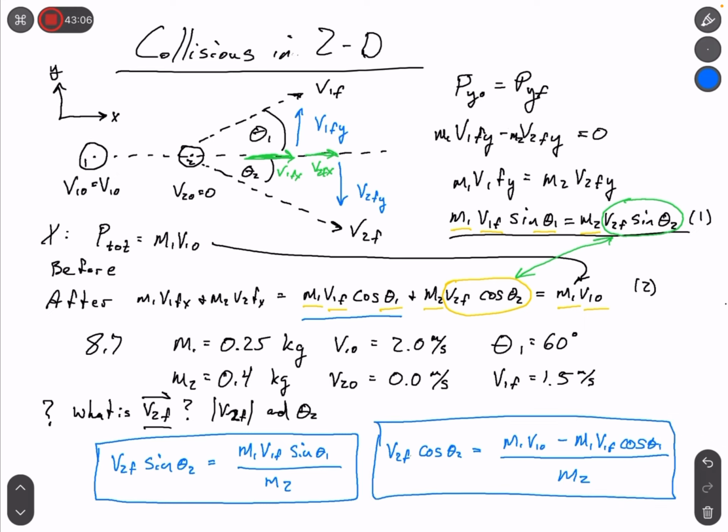So we have two equations, and we can take one of them and put it in the denominator. This would be our denominator. And this would be our numerator.